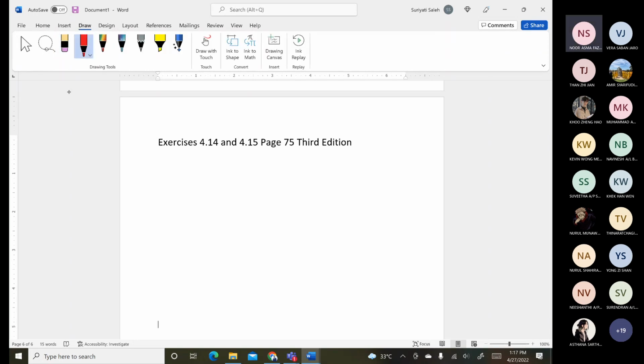So for E4.14, the figure looks like this, where the response starts from this.